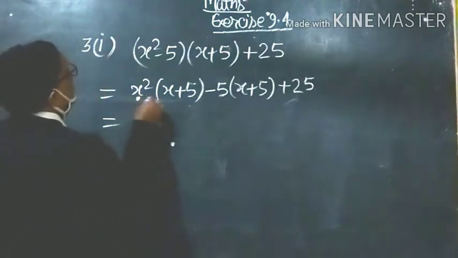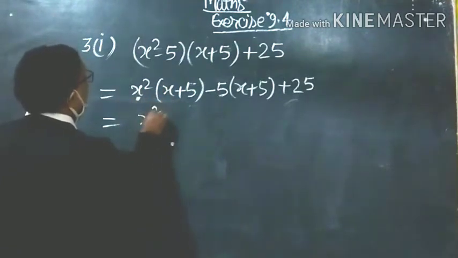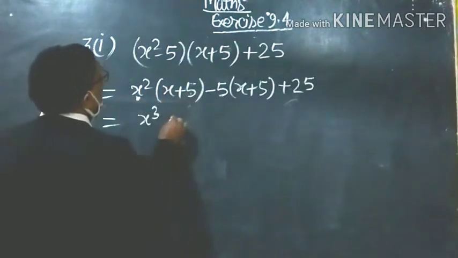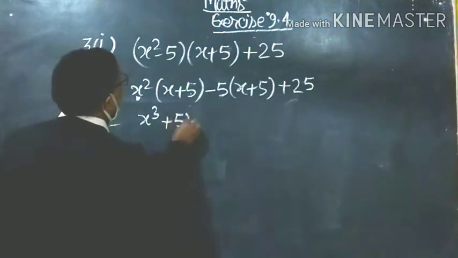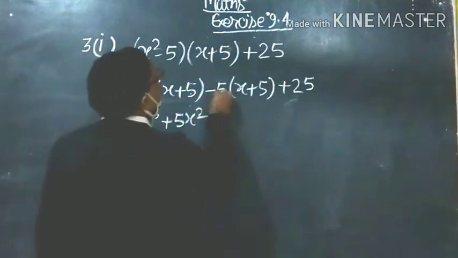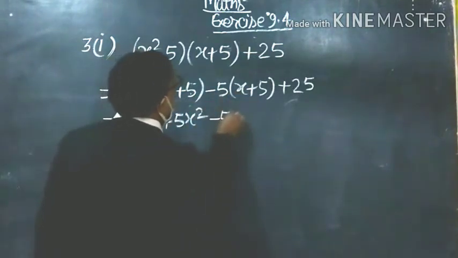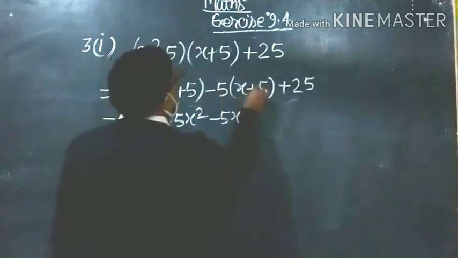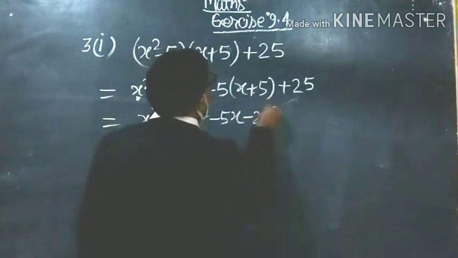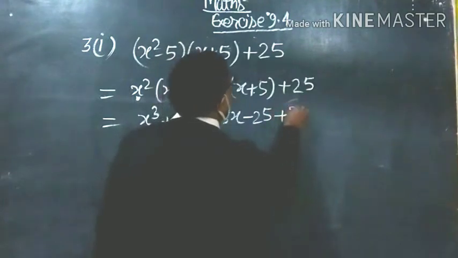You open the brackets after multiplication: x square into x, x cube; x square into plus 5, that is 5x square; minus 5 into x, minus 5x; minus 5 into plus 5, minus 25 plus 25.